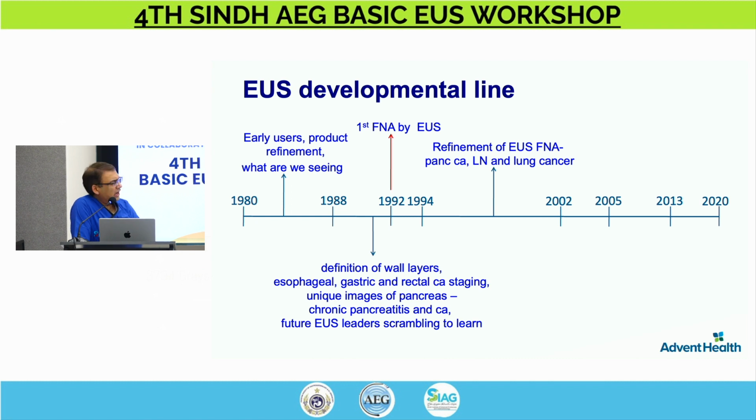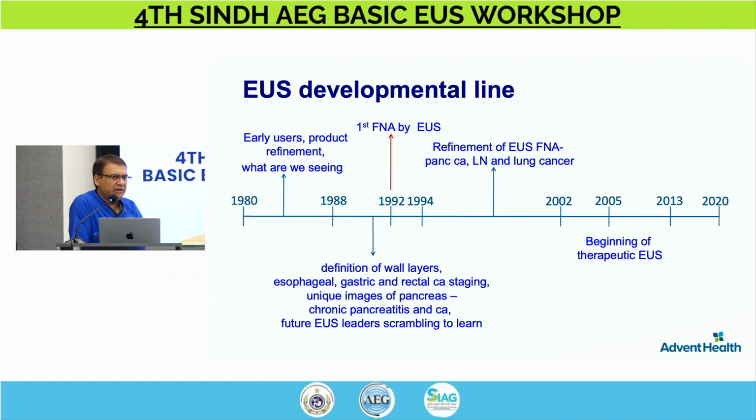And then, obviously, after that, a lot of refinement and EUS role in staging, except the luminal cancers where it still has a good role. The role in staging of pancreas cancer and otherwise staging and post-treatment staging, like after chemo radiation, is decreasing quite a bit.